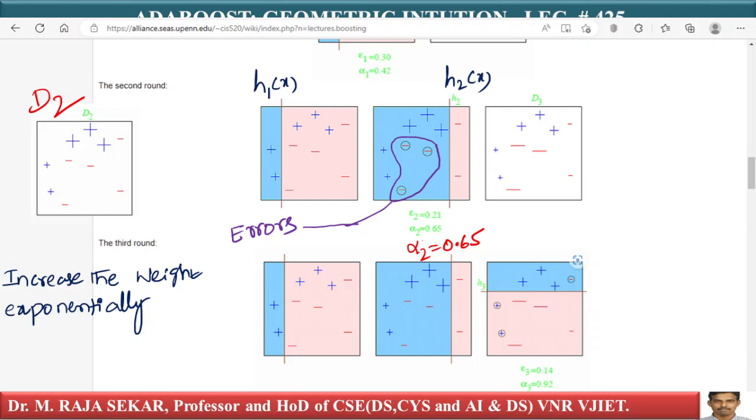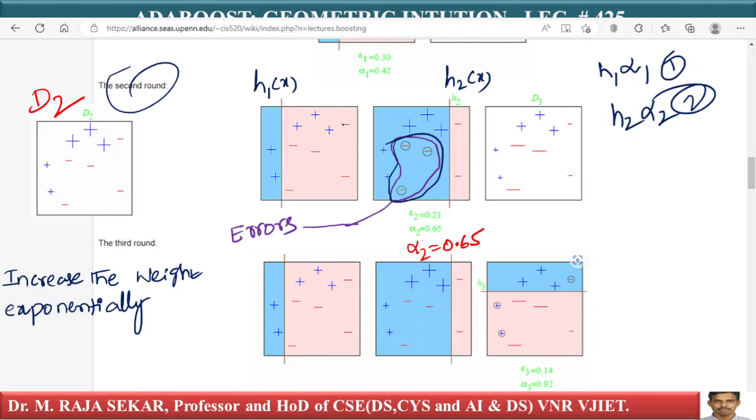So I have H1 alpha 1 from round 1, and now you have H2 alpha 2 from the second round, because I have these 3 errors. Now I will give more weightage to these points, these erroneous points.